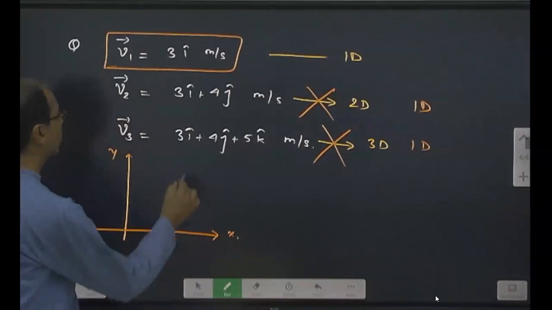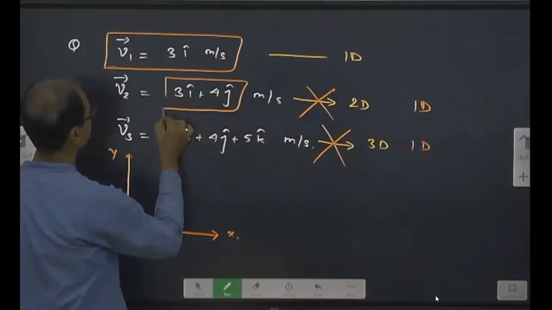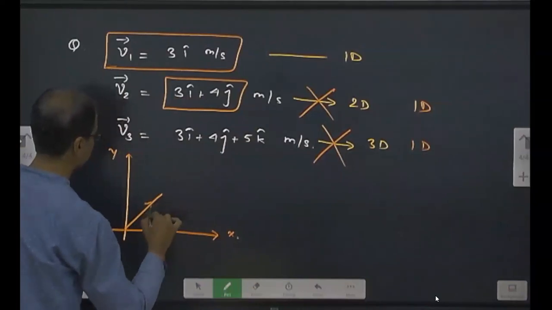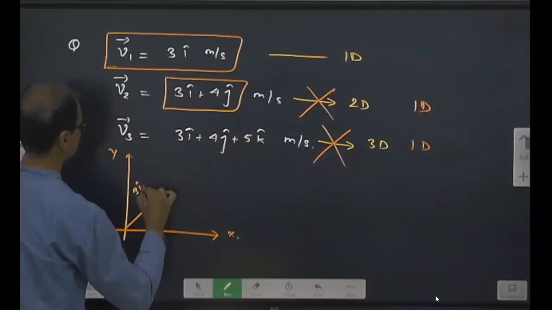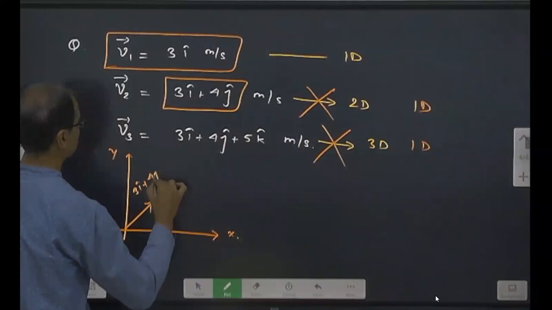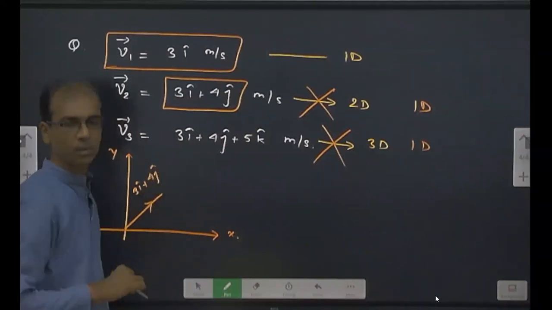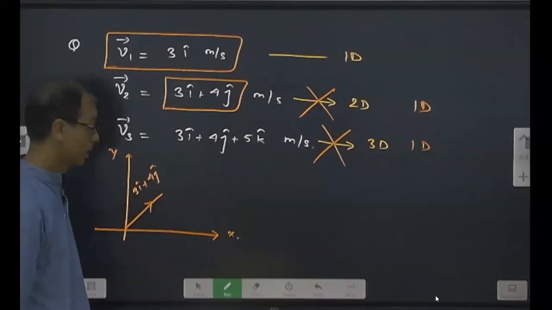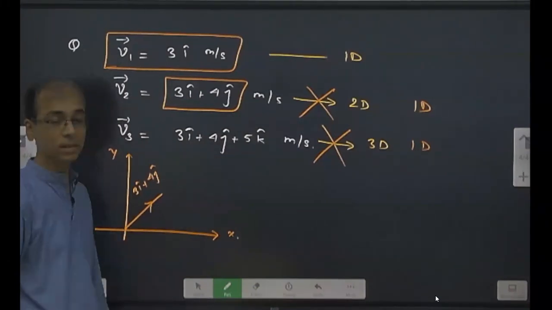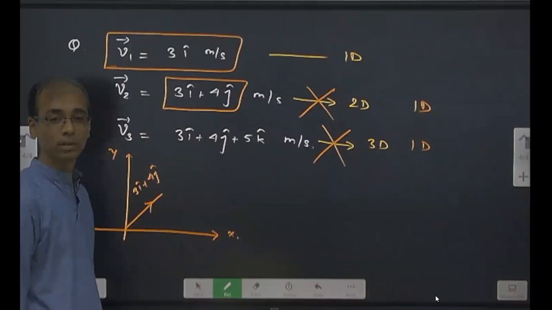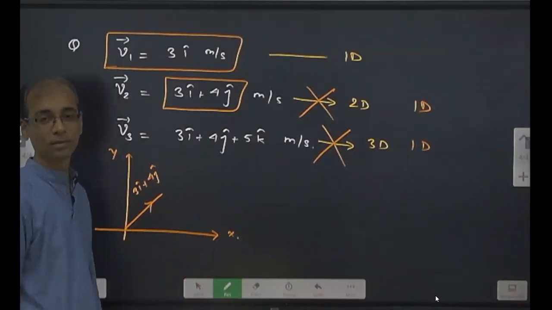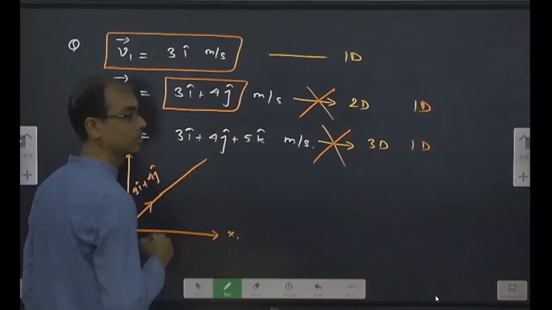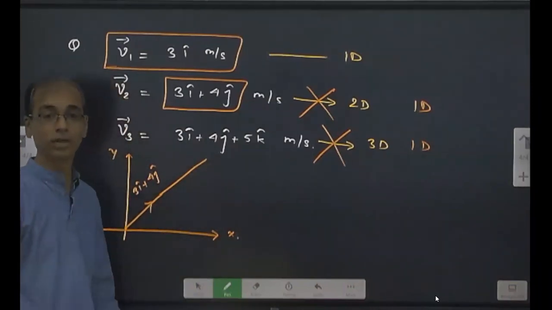The particle has velocity 3i cap plus 4j cap, that is, the particle is going in this way, having an angle with the horizontal. But where is the acceleration? It's a constant velocity, so it will keep on moving like this. Straight line motion.